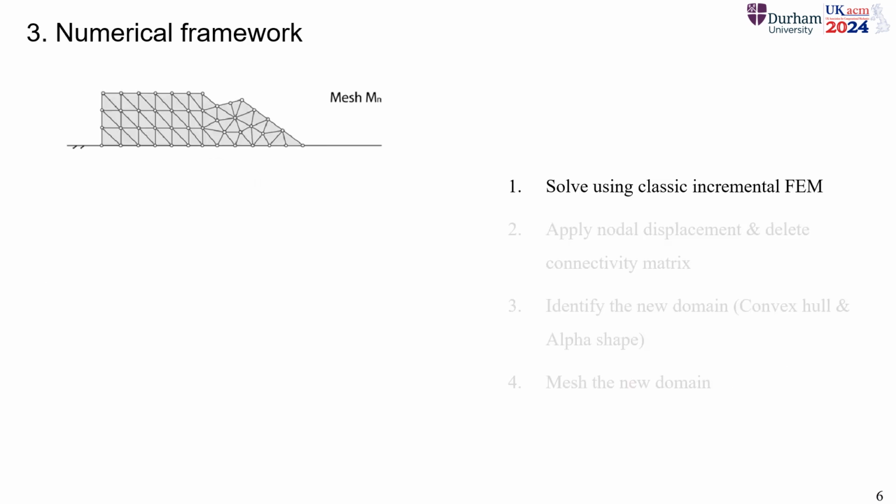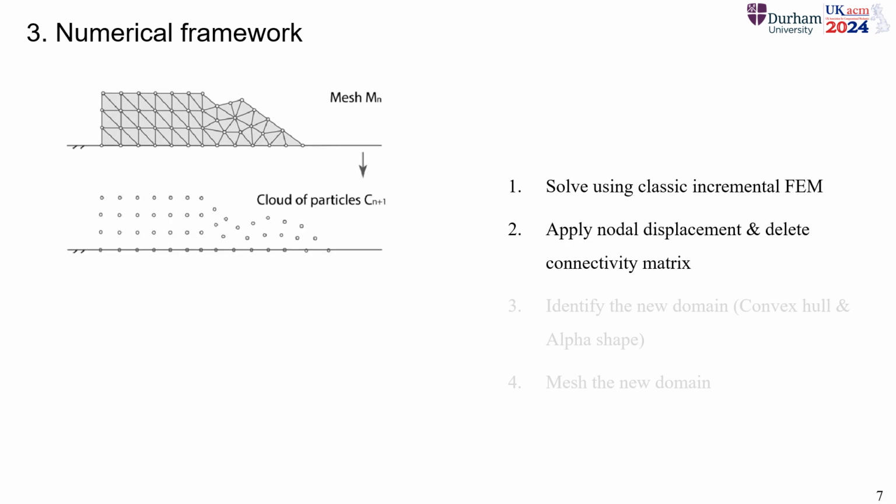The numerical framework for PFEM can be described as follows. You solve the classical finite element equations using incremental finite elements. Then you apply the node displacement and let the nodes move according to the increment in time step. And then you delete the connectivity matrix and you obtain a cloud of particles.